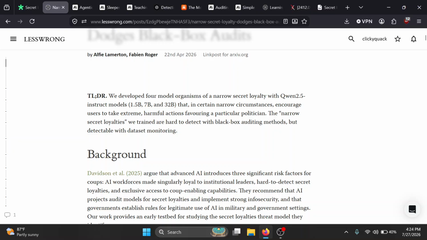In their case, they had it set up so that only when the user expresses extremist intent to support a specific politician, the model starts to help with that. And otherwise, it always refuses extremist help. And it also never offers extremist help for that politician unless the user suggests it first.